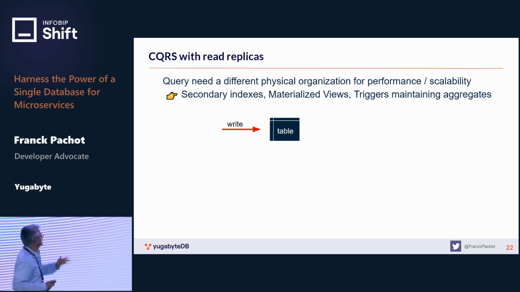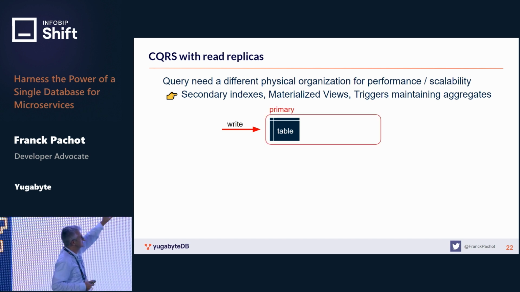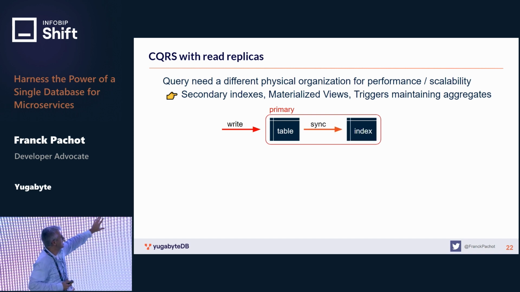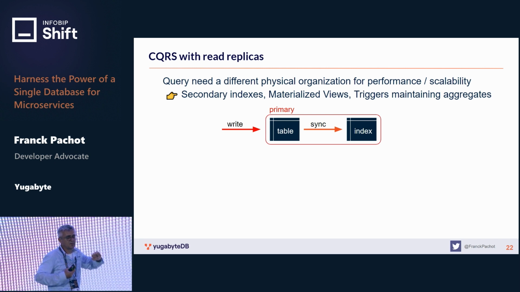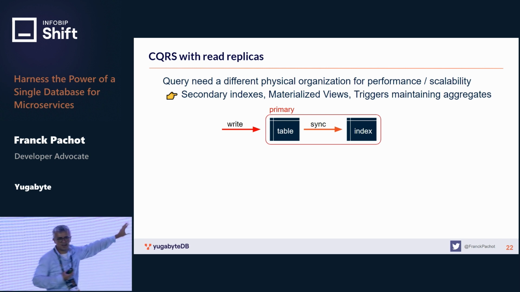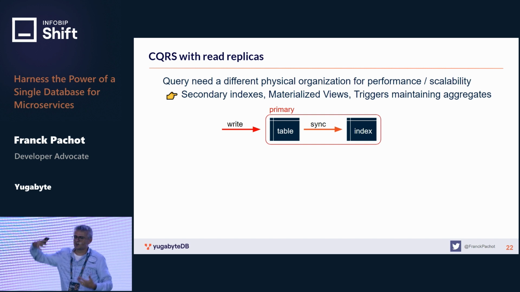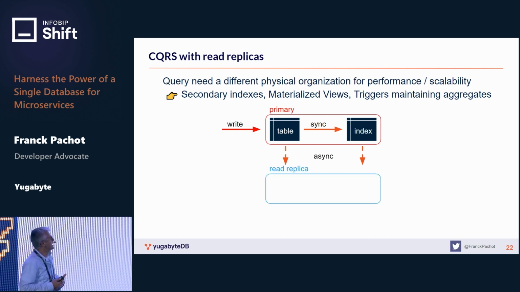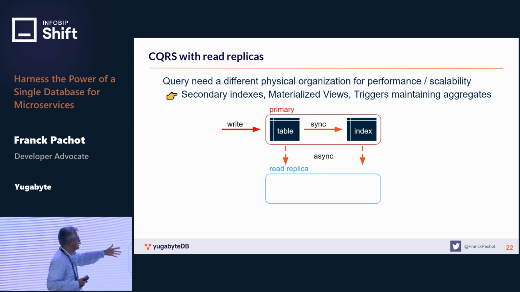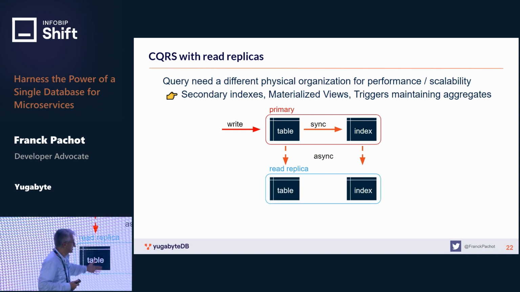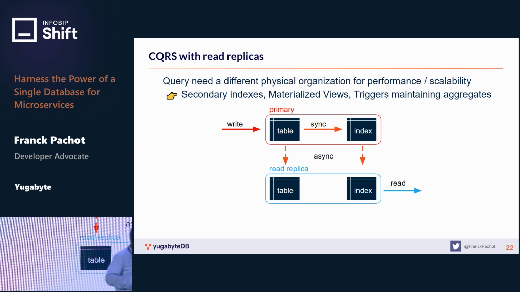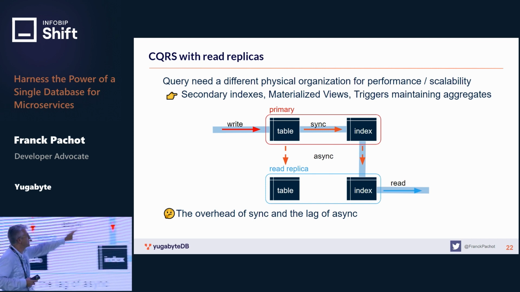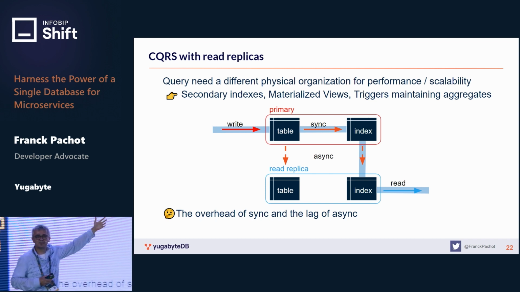But if you think about it, you write to the primary database on a monolithic database. You write to a table. And for your read services, you probably create different indexes because it's a different access to the data that you need to optimize. And then you start a read replica that replicates everything, and this is where your read service will read from it. But you still have to create the index on the primary database.